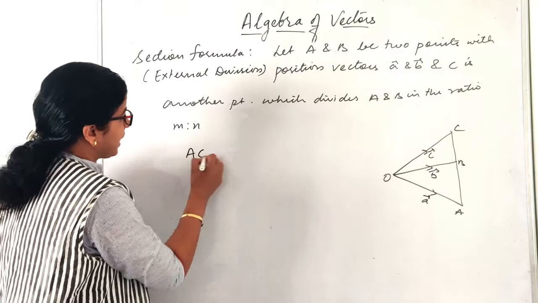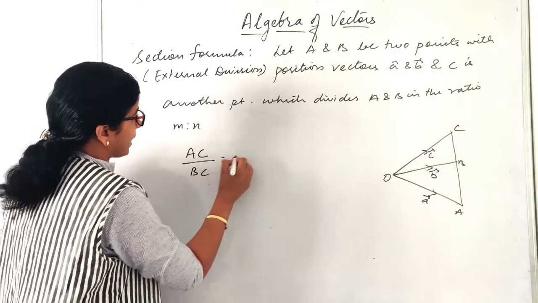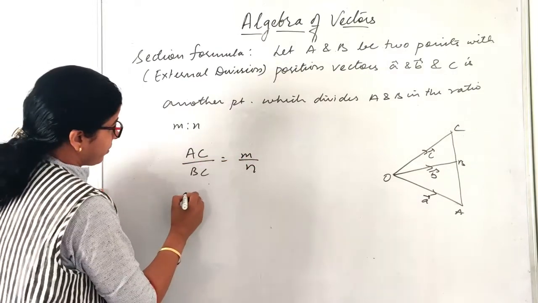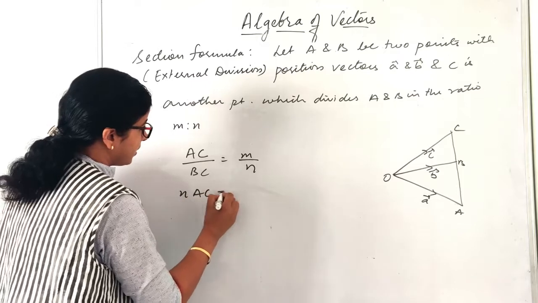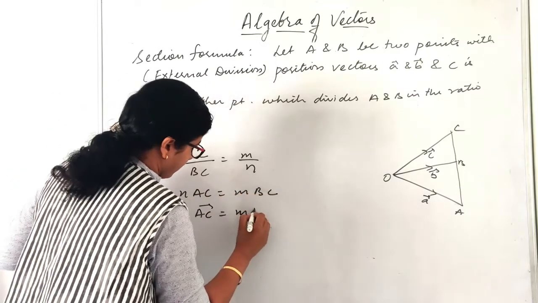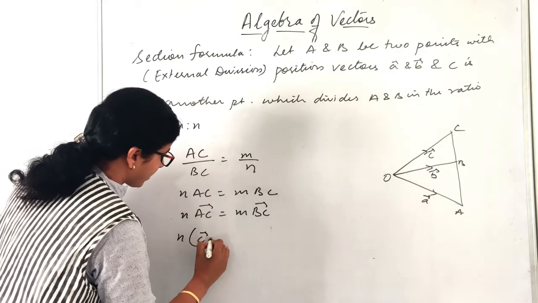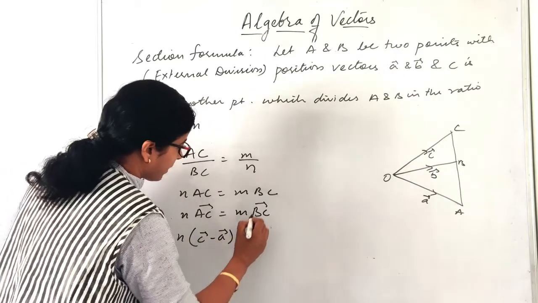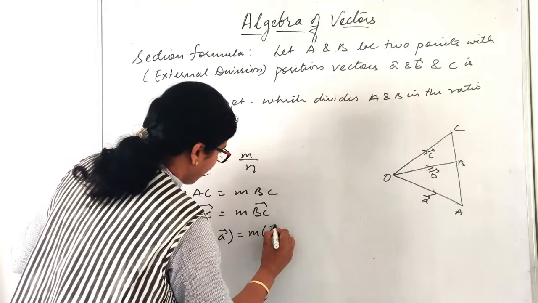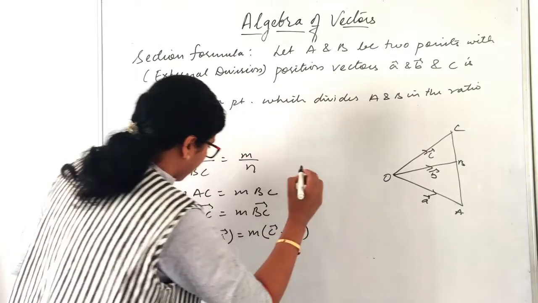So again, AC upon BC is given as m by n. Now I can write nAC is equal to mBC, correct? Now this can be written as C vector minus A vector equals to, this can be written as C vector minus B vector, right?